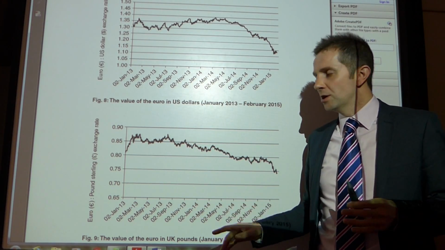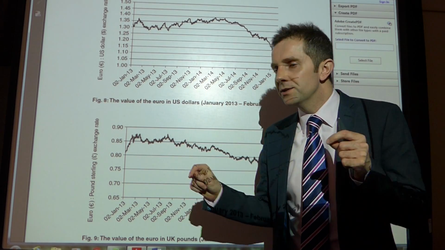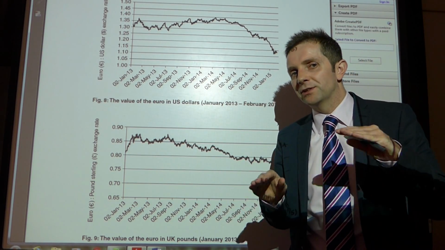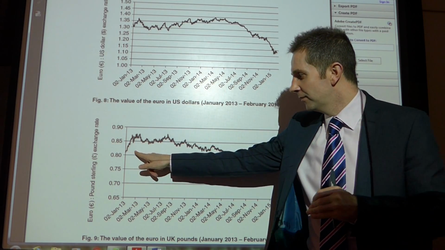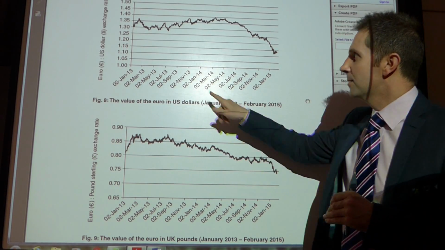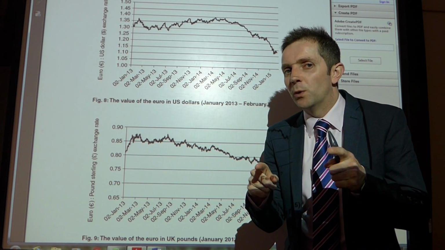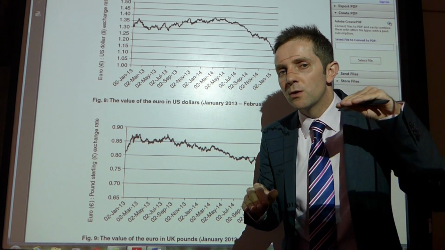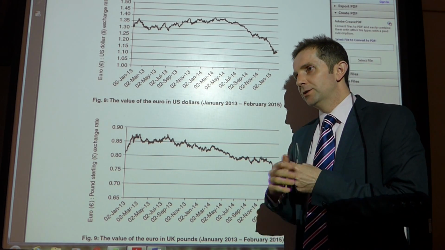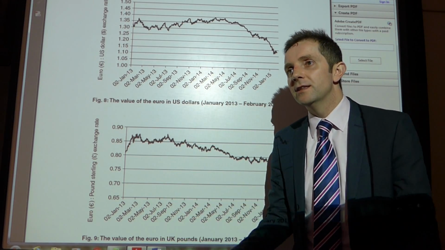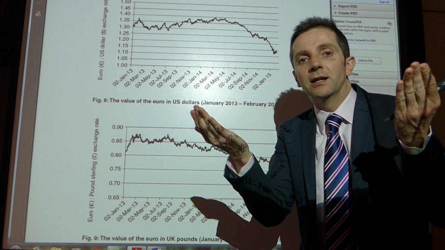Obviously I hope you know that the golden rule is the export price moves in the same direction as the currency. So if the value of the euro is depreciating in both of these instances, the price of exports coming out of the eurozone will also be falling. So you can then talk about the fact that if prices of exports are falling, the demand for exports will be rising.